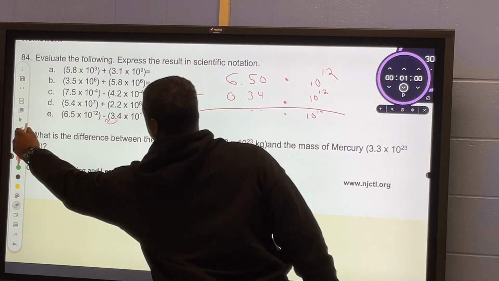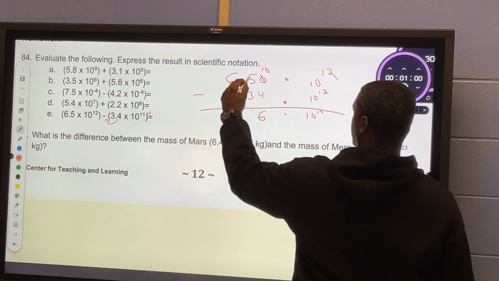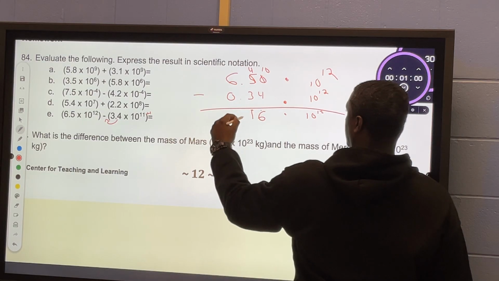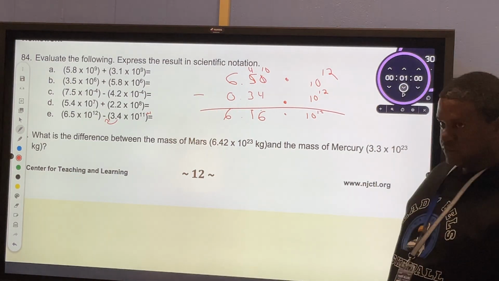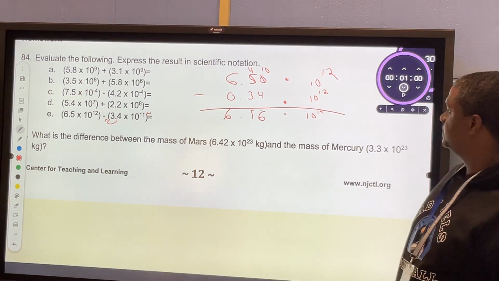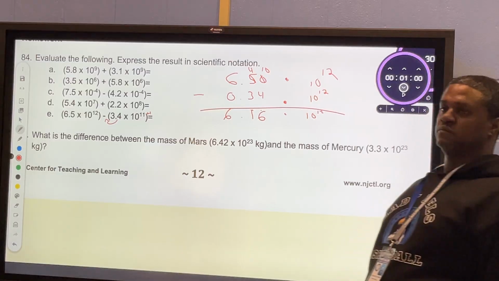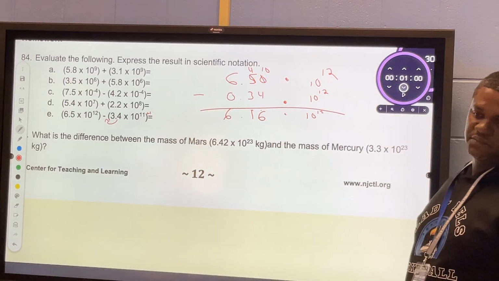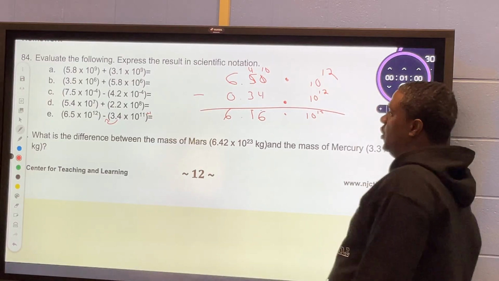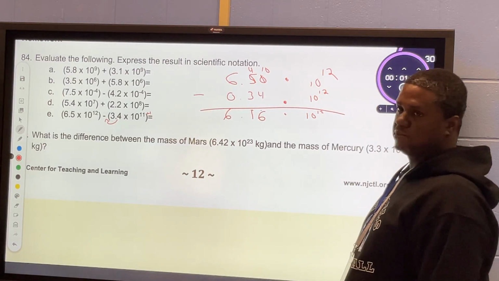Alright, so 6, 1, 6. See? They get the same answer without an additional step. Doesn't matter. You just have to do more work with the first one.